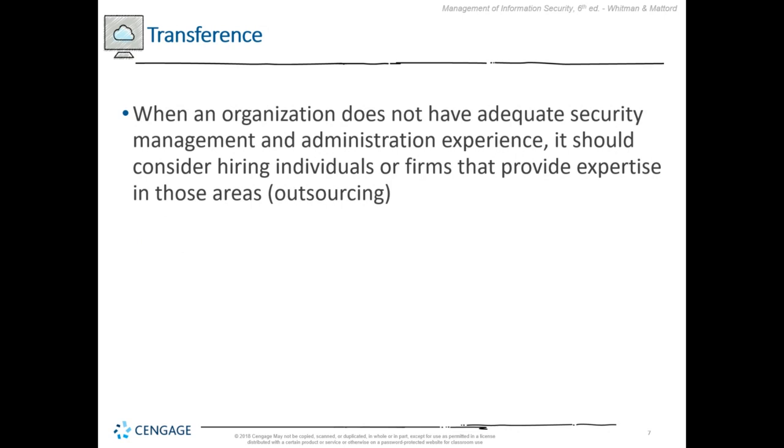So now you're transferring the risks associated with managing these systems to an organization that has the experience with those risks. You can also use outsourcing to shift the responsibility for disaster recovery, and you can do this through service level agreements.